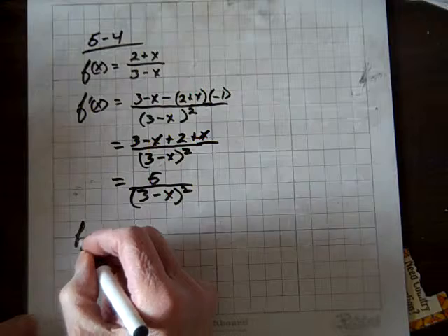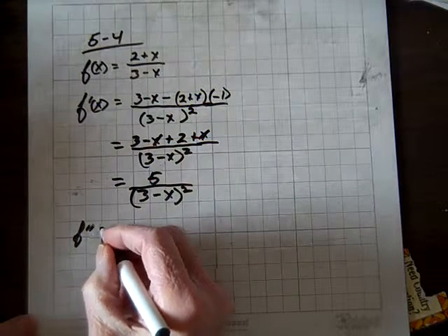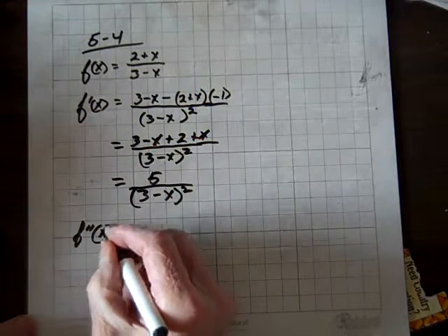Let's find f double prime of x and see what the concavity looks like.